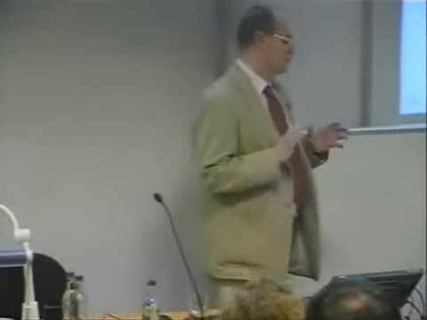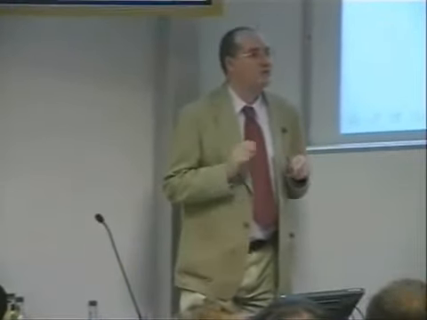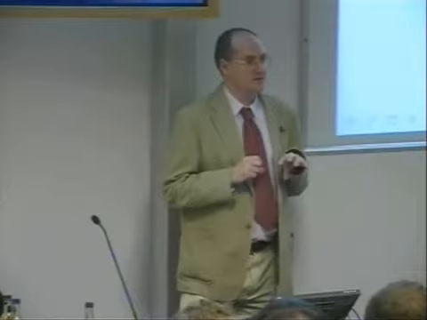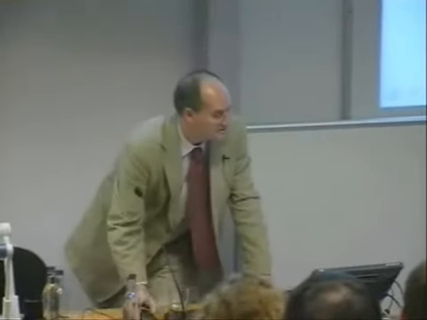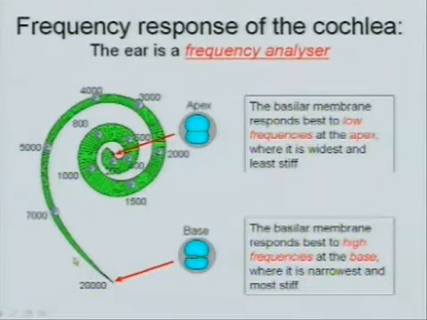Because of this change in physical properties, the membrane prefers to respond to different frequencies at different places along the cochlea. So the basal region, the narrow and stiff part, responds well to high frequencies, whereas the more elastic and wide part at the top responds best to low frequencies.